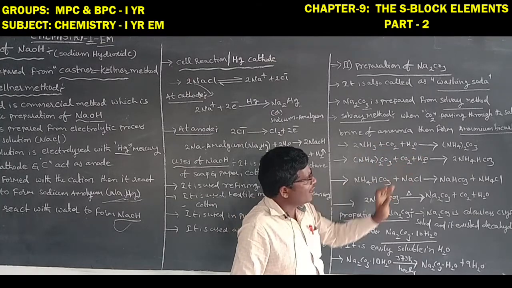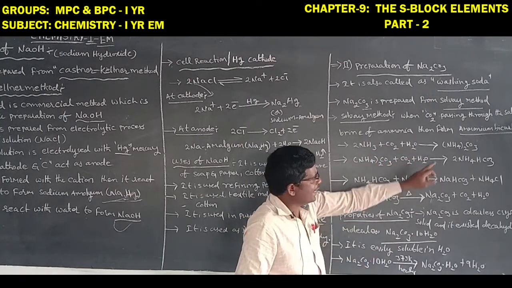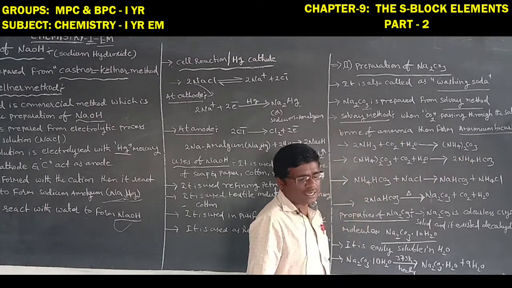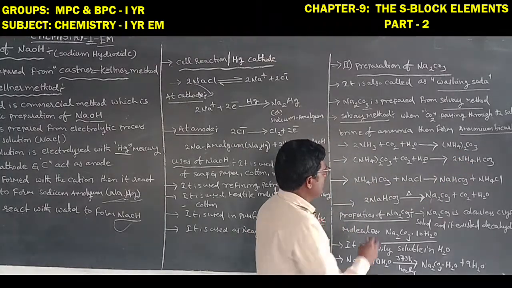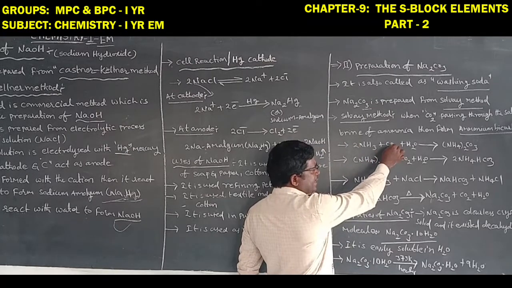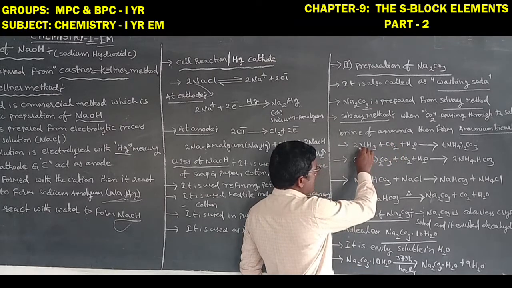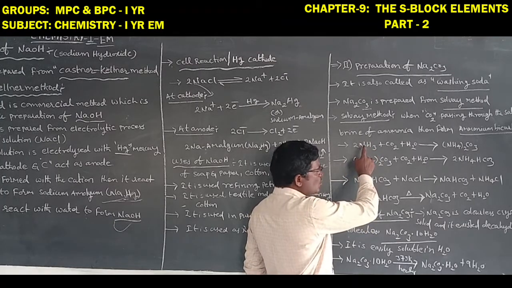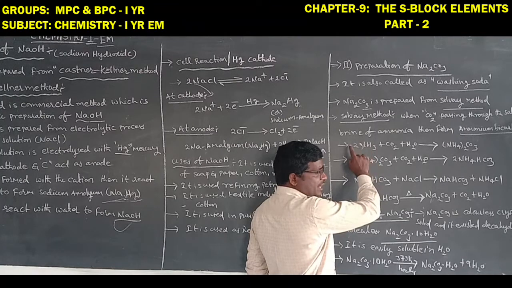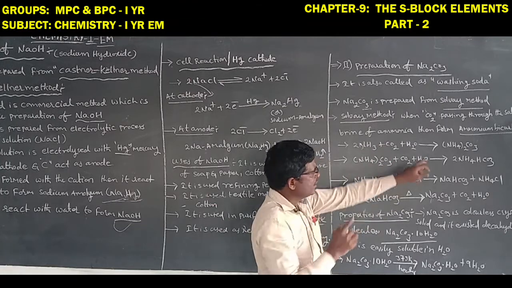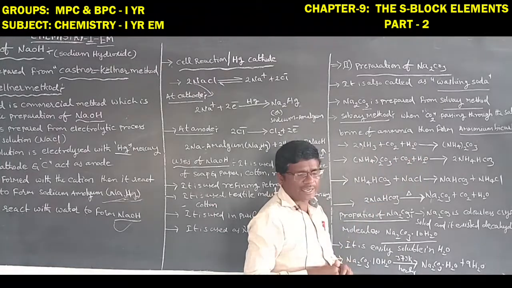Then ammonium carbonate is obtained, (NH4)2CO3. In this Solvay process, when carbon dioxide is passed through the saturated brine of ammonia, that is, 2 moles of ammonia, it reacts with the carbon dioxide to form ammonium carbonate.